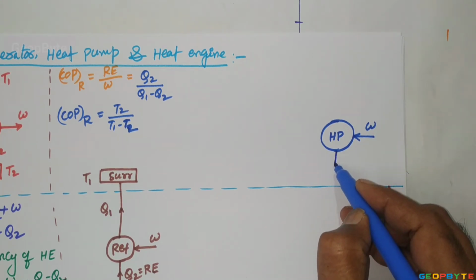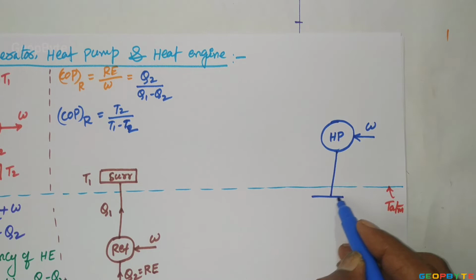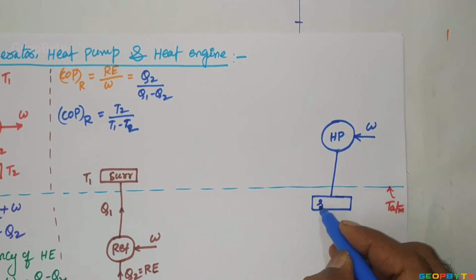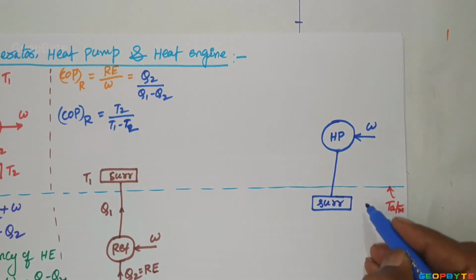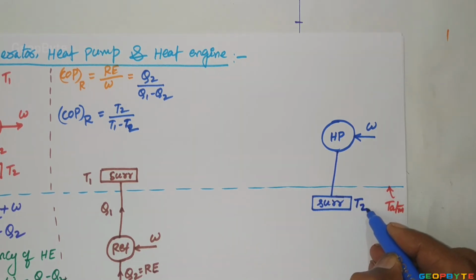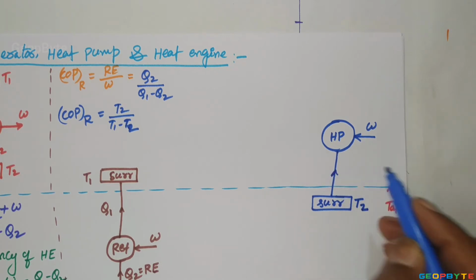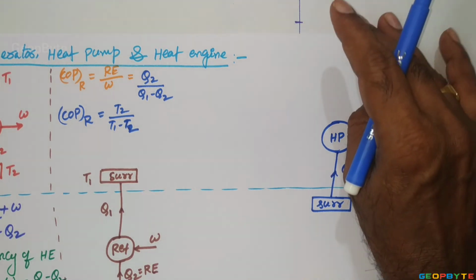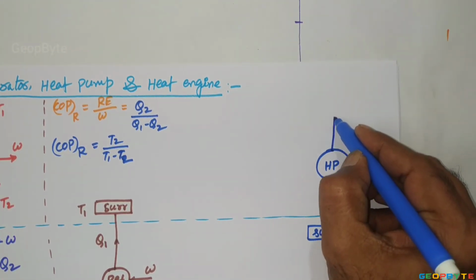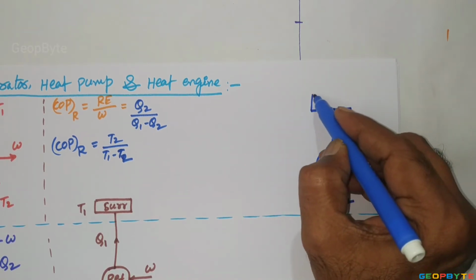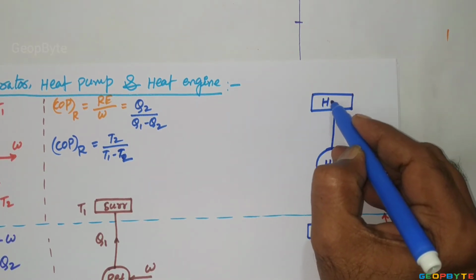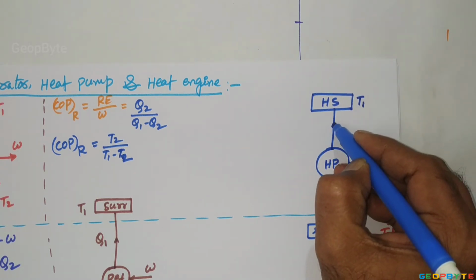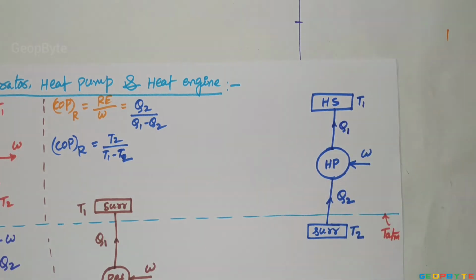This heat pump is taking heat from just below the room temperature, or from the surroundings. Assume surroundings are maintaining T2 temperature, that is the lowest temperature. The magnitude of heat taken is Q2, and it is dumping the heat to the hot source. Assume the hot source is maintaining temperature T1 while it is receiving Q1 amount of heat energy.